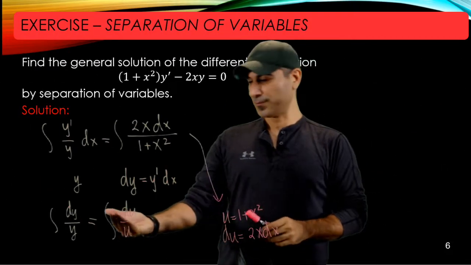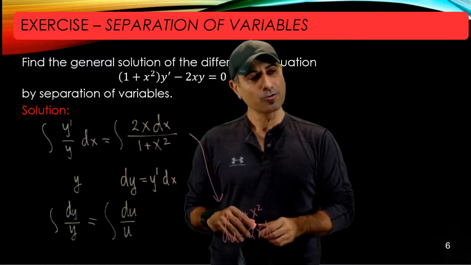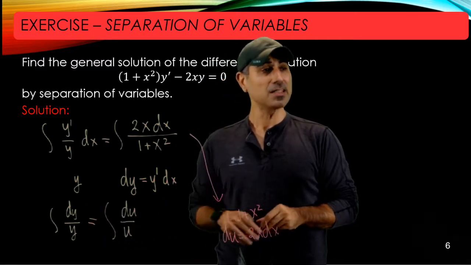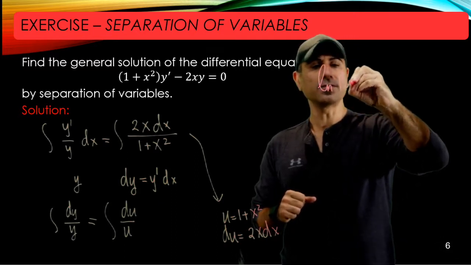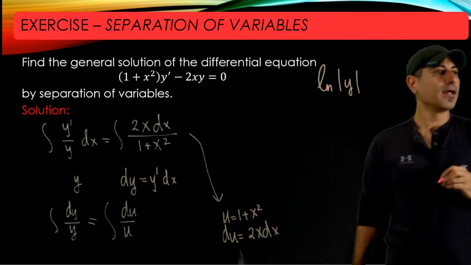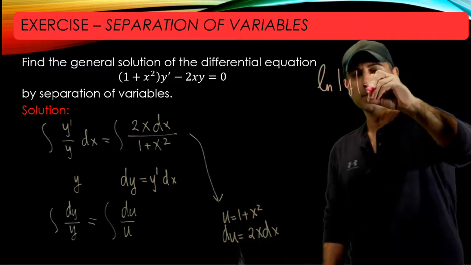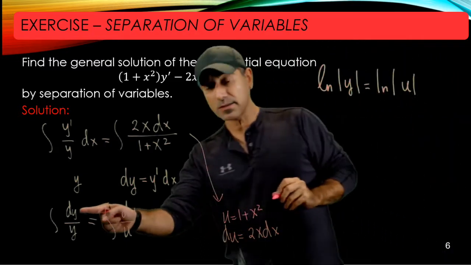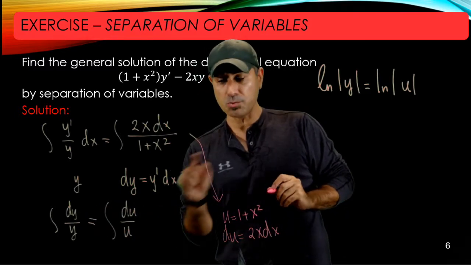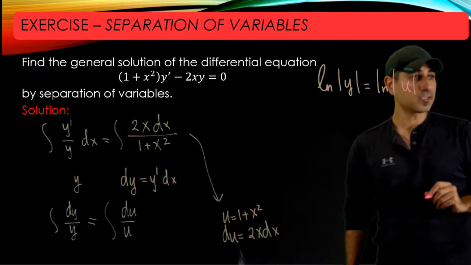All right, for these two integrals, we can apply the log rule directly. That implies the left integral is ln of the absolute value of y, and the right-hand side integral is ln of the absolute value of u, because this integral is on y and this integral is on u, so we have to be very careful on that.